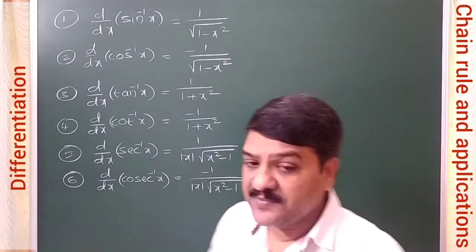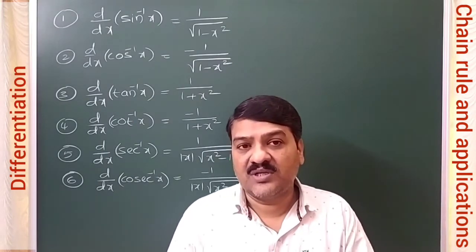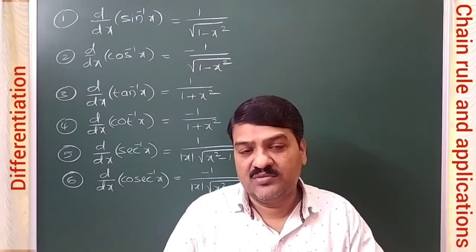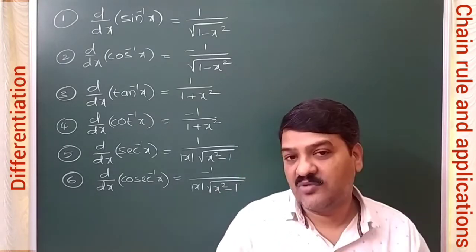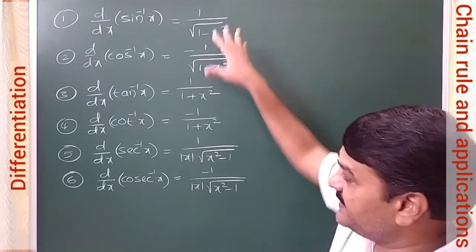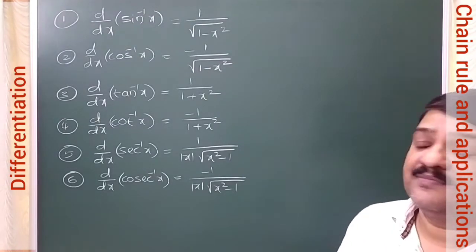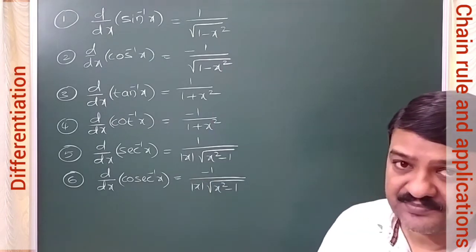Hi students, in this video let us discuss the chain rule to find the derivative of a function of a function. Before that, just have a glance at some more standard derivative formulas for inverse trigonometric functions.